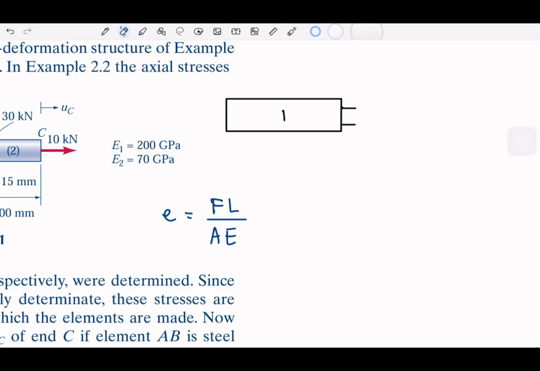So we have this 30 kilonewton, and we have another one which is cutting down here.